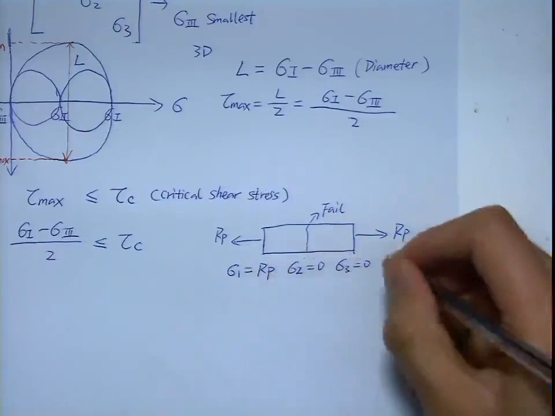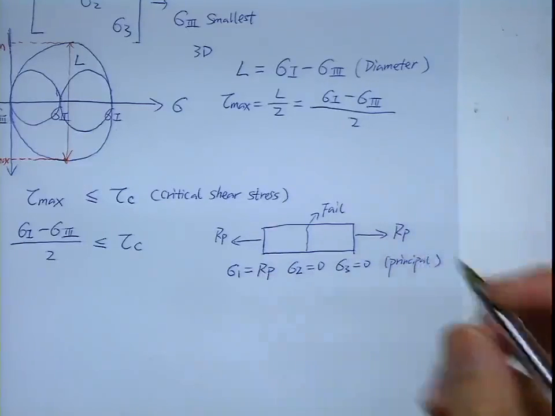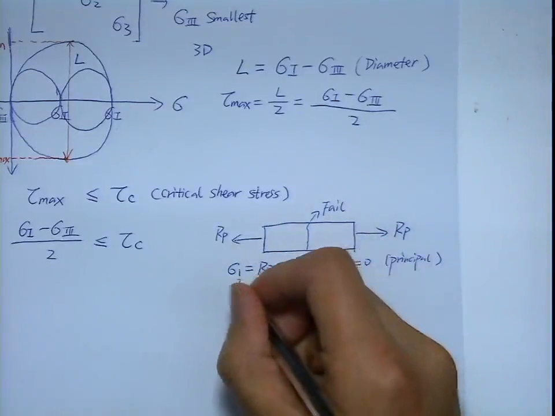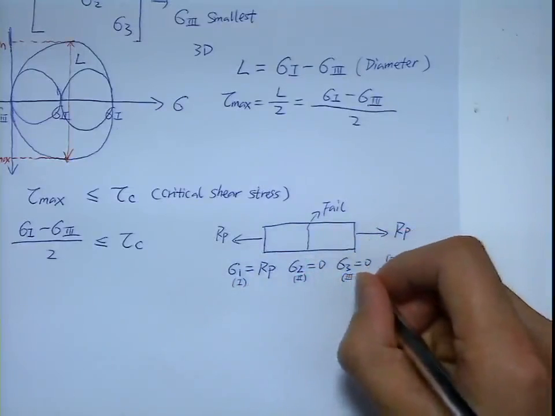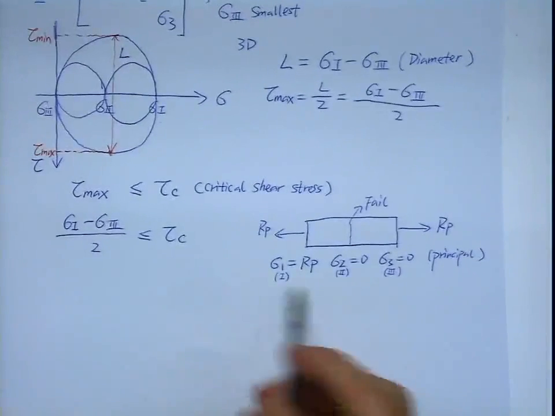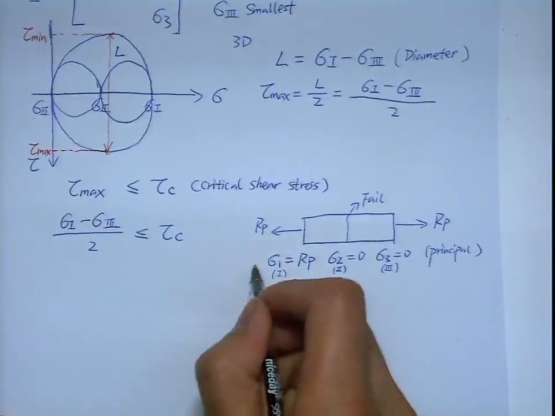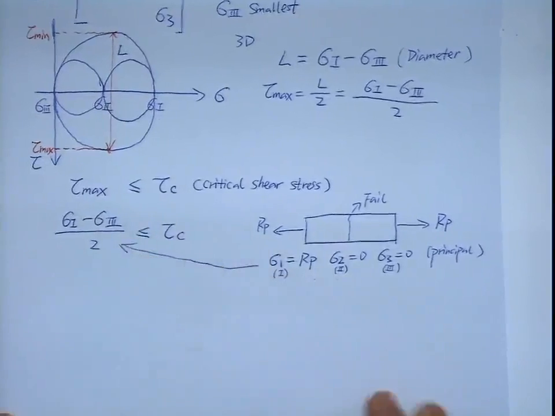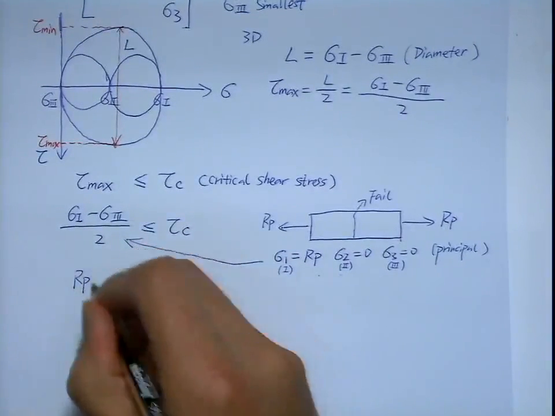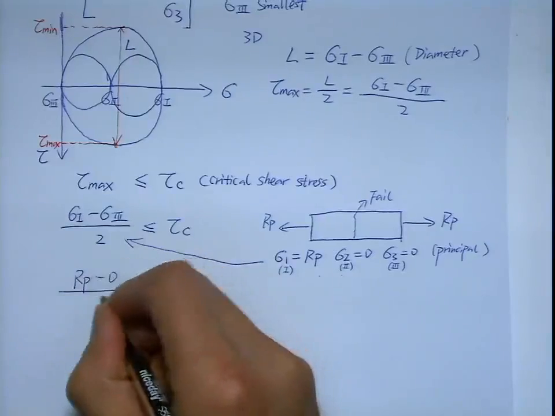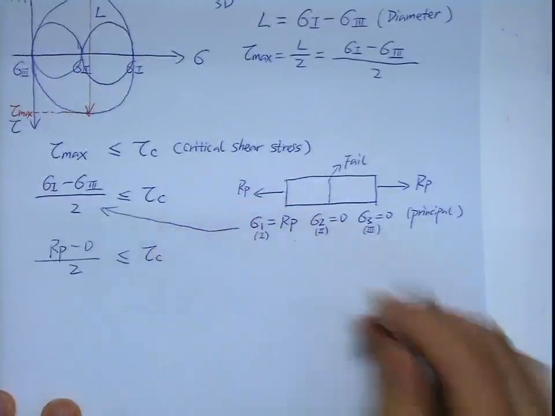Bear in mind, this is the principal stress, so you could write that in capitals. Okay? So when you substitute this condition into that equation, you have RP minus 0 smaller than the shear stress.